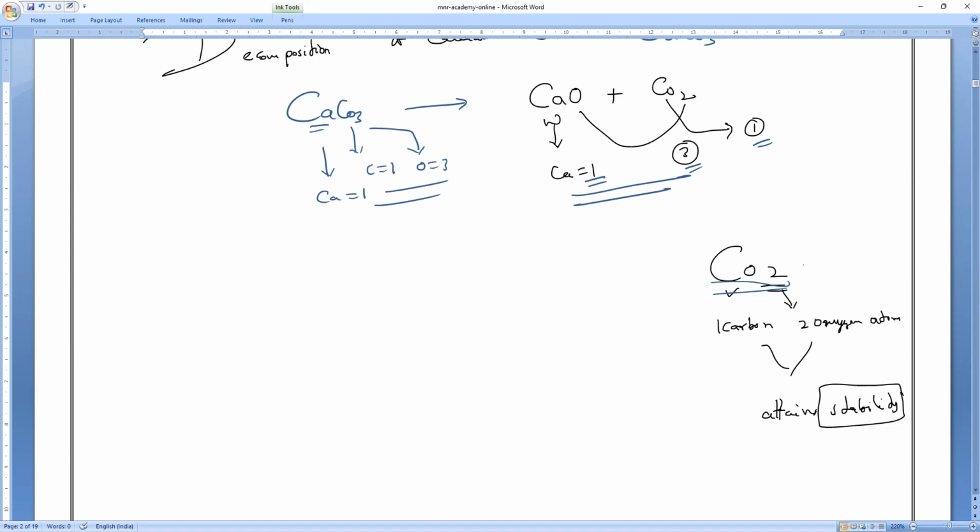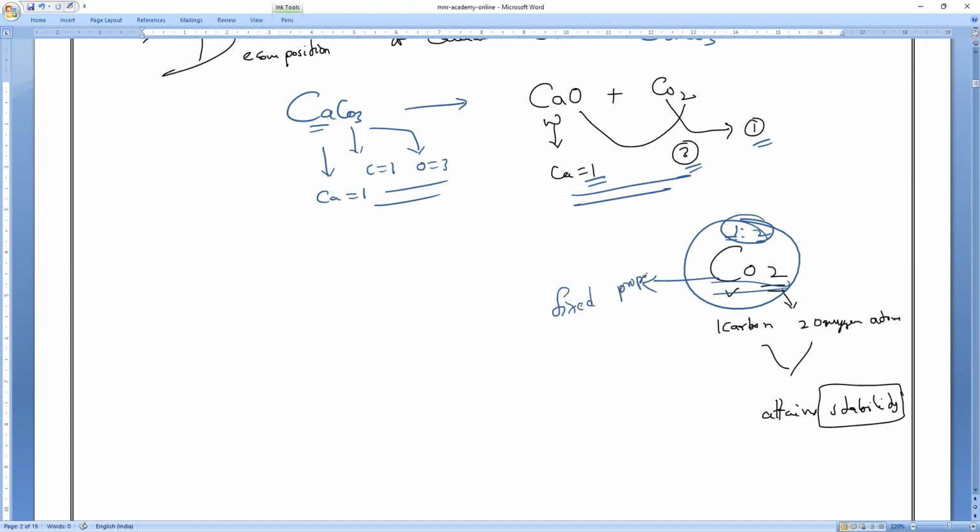Why are they combining? To attain stability. Now the fixed proportion is always 1:2, one carbon and two oxygen. They will always combine together. The mass ratio of carbon and oxygen in carbon dioxide also always remains constant, in fixed proportion.